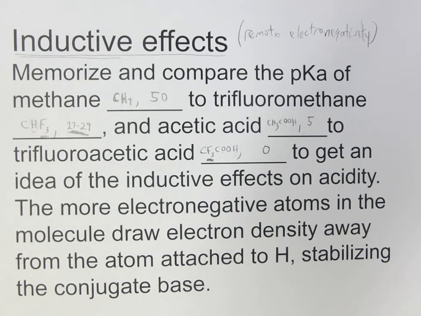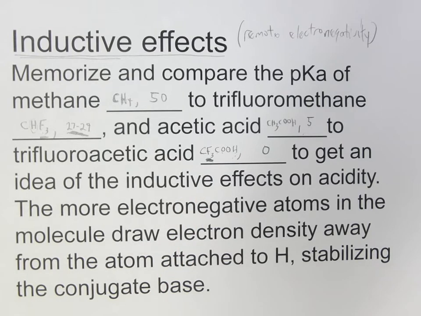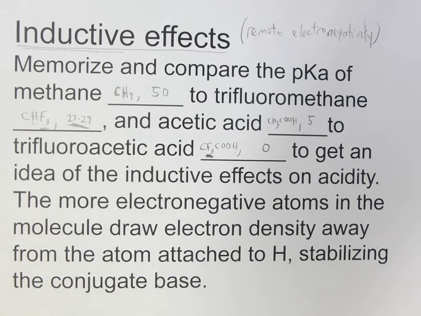But again, the presence of the electronegative elements in the compound is going to generally increase the acidity, and how close those fluorines are to the acidic hydrogen is going to affect how much of an effect it's going to be. So the more electronegative atoms in the molecule draw electron density away from the other atoms in the molecule, especially the atom attached to hydrogen, and that will, as they say, stabilize the conjugate base.